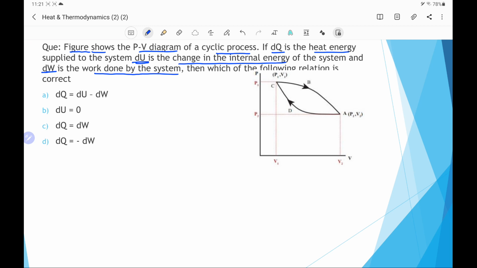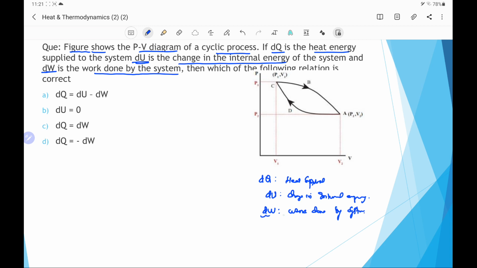So for this cyclic process it is given that dq is the heat supplied, du is change in internal energy, and dw is work done by system.